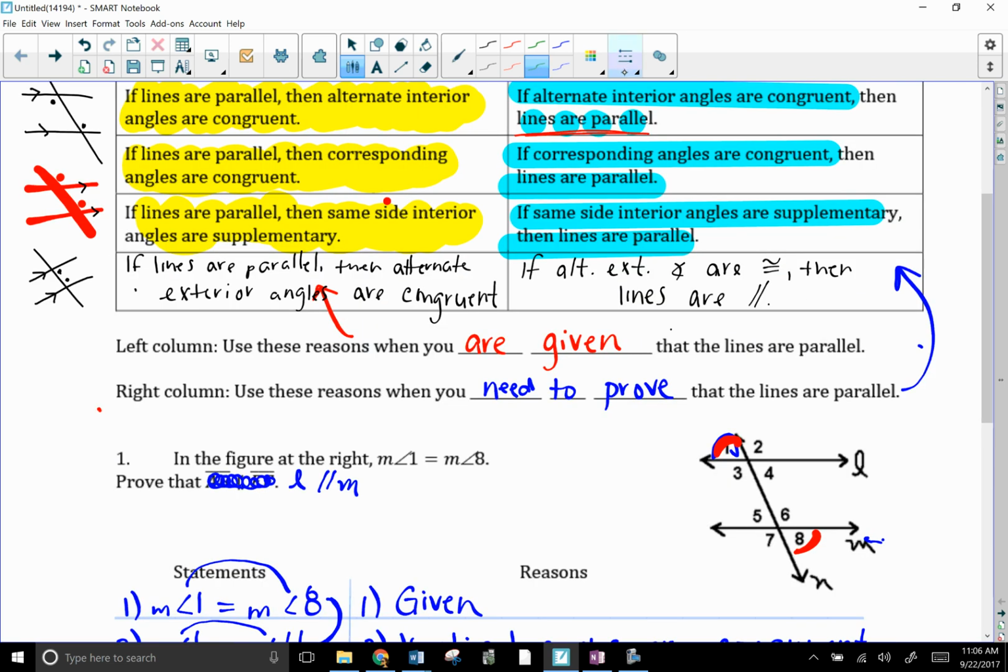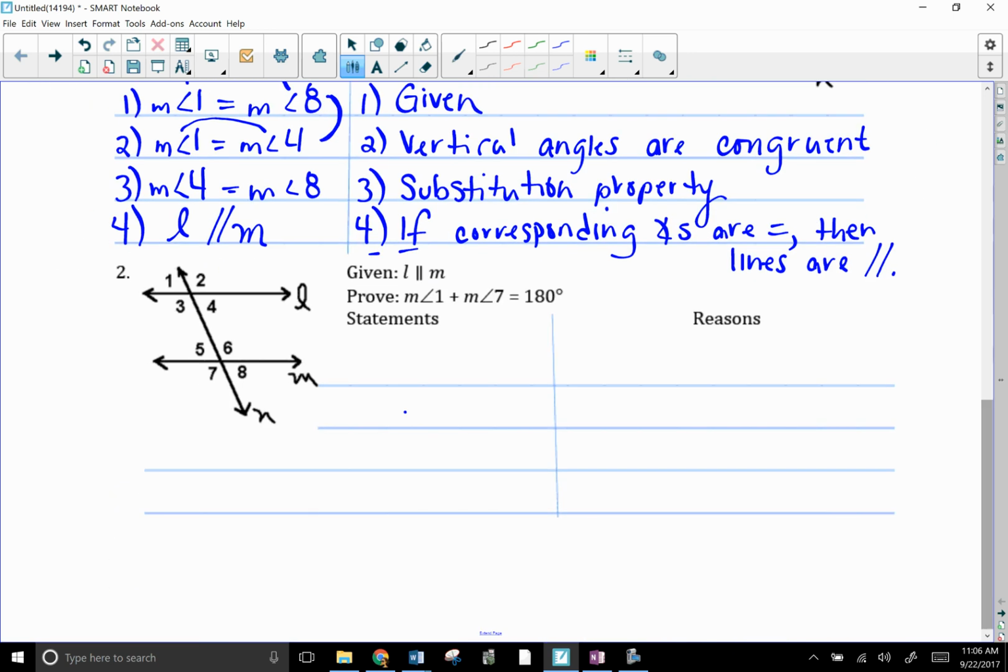So if we jump down here to this last proof, in this proof, I'm given that L is parallel to M. So if you're given that, then you can use that parallelism to talk about congruencies, and that's what we're going to do now. So I'm given that these are parallel, and they want me to prove that 1 and 7 add to 180.